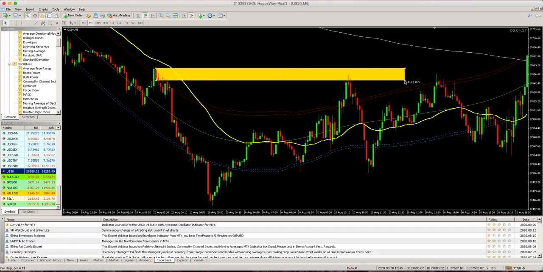Anytime price gets here, expect a drop until price closes above it. So this is the previous structure level. This means when price comes back here, sell. And using the Wall Street will help you even more.